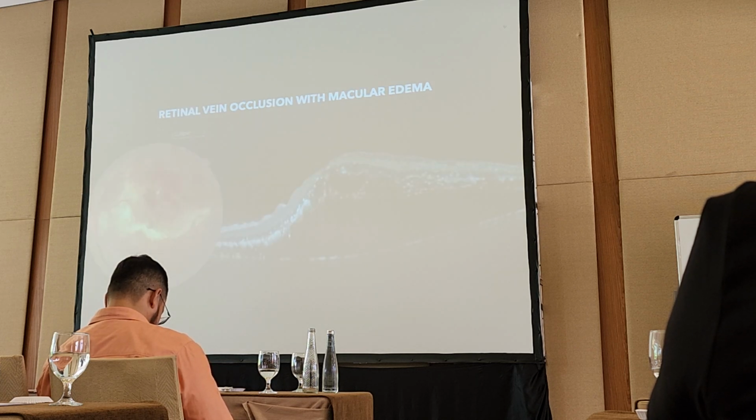Okay, this one is retinal vein occlusion. You can see from the fundus photo, there's massive flame hemorrhage over here, and then there's exudates coming from the lipoprotein from the leaking blood vessels.